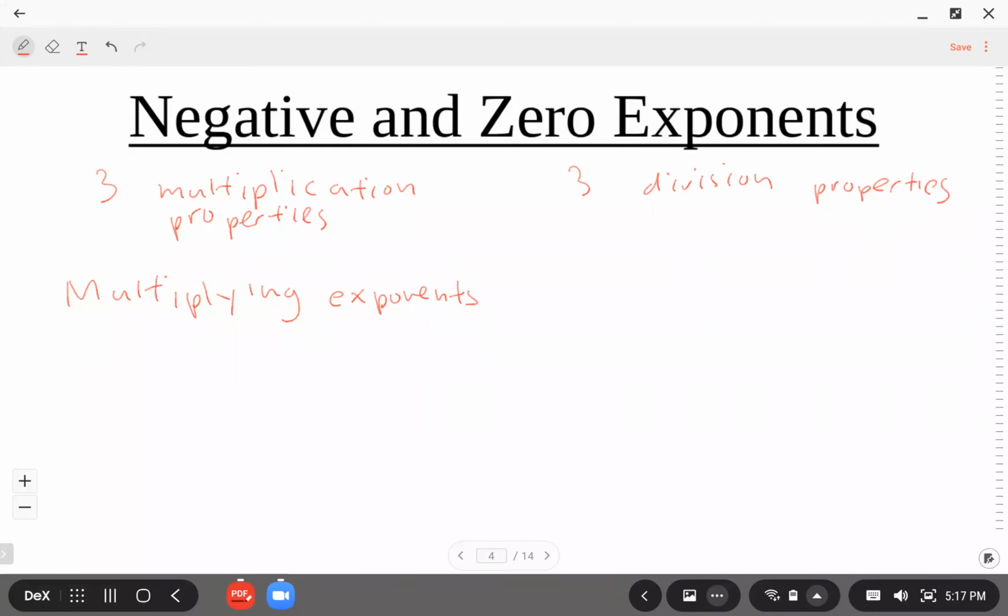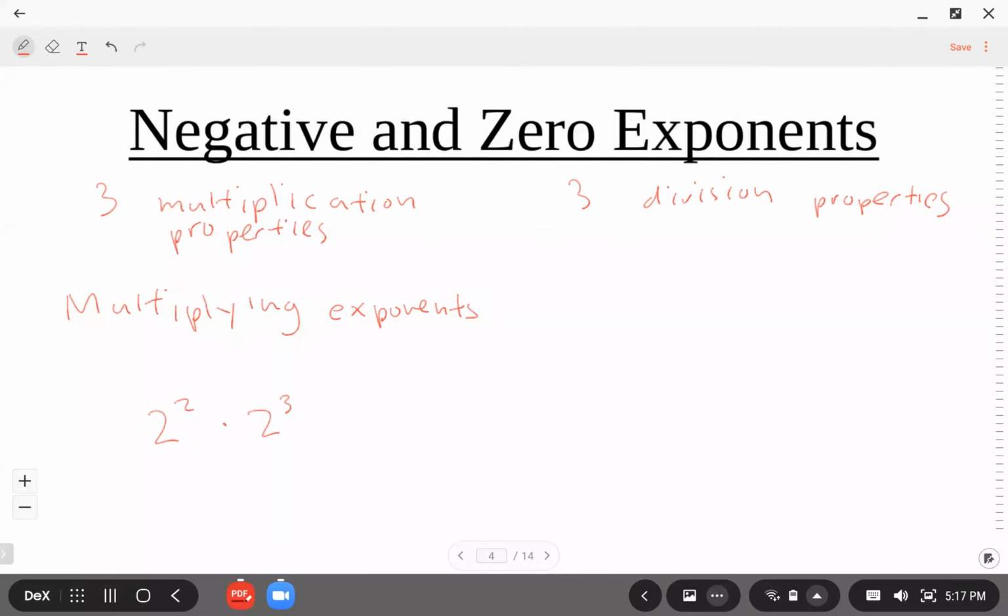It always has to be the same base if you want to use these properties. So what is 2 to the second times 2 to the third? It's going to be 2 to the fifth. What did I do here? I added these exponents, but make sure they are the same base.